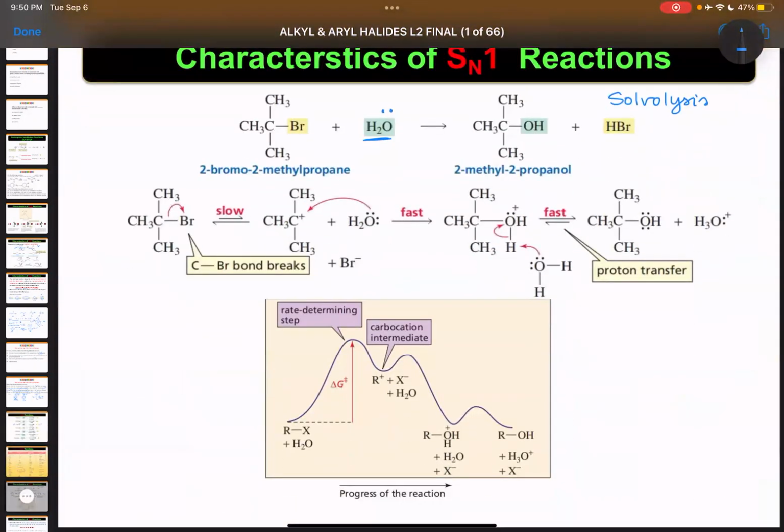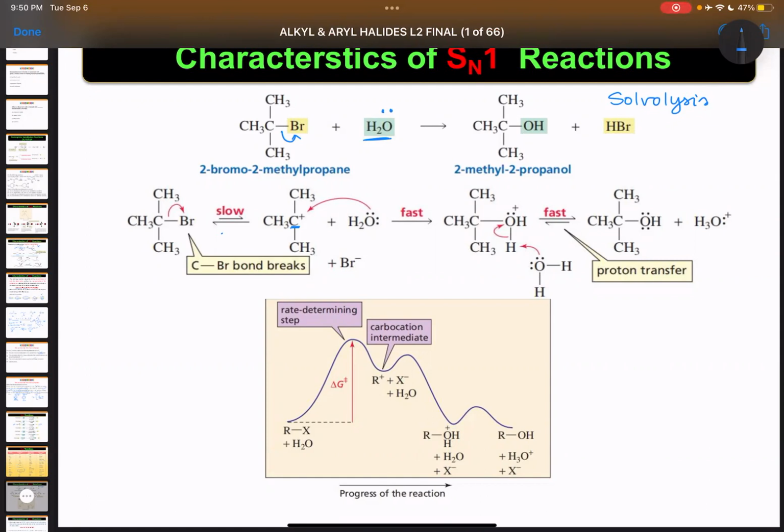In this case the nucleophile is very weak, so it will not have a tendency to attack. It will just sit idle and wait for the leaving group to come out. This is the RDS. This is a unimolecular reaction, and once the leaving group comes out and you have a flat carbocation intermediate, then the nucleophile comes in and attacks, right?